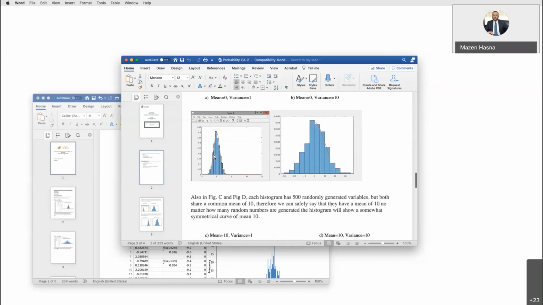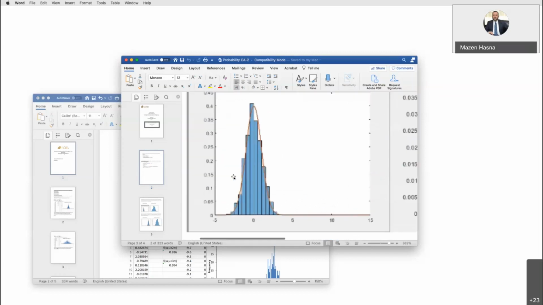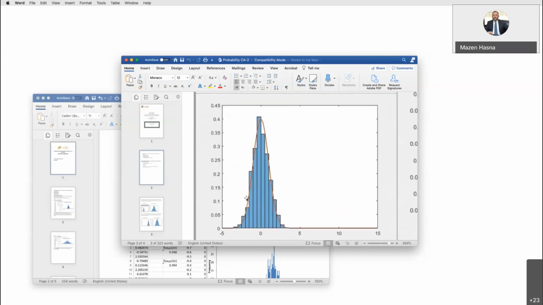As you can see, this is your histogram, and the red one is the curve. And as you can see, this student could have done something more interesting by shifting it, because the top of the curve should be in the middle of the box.